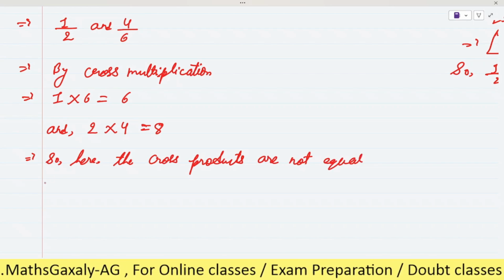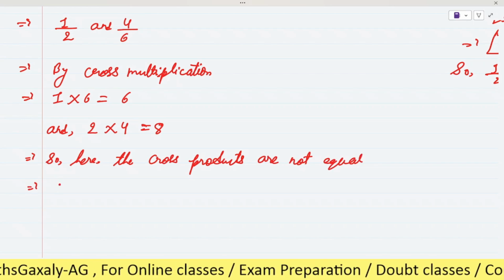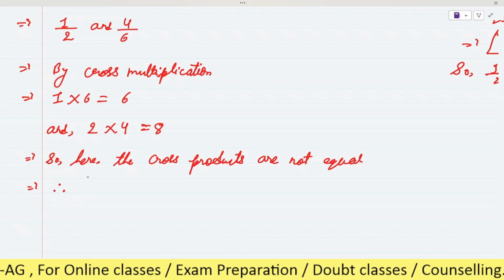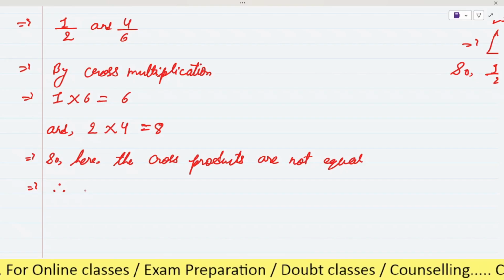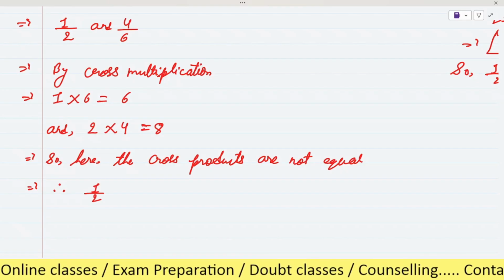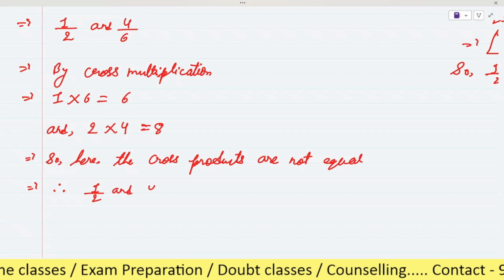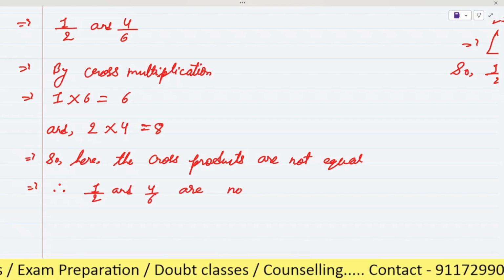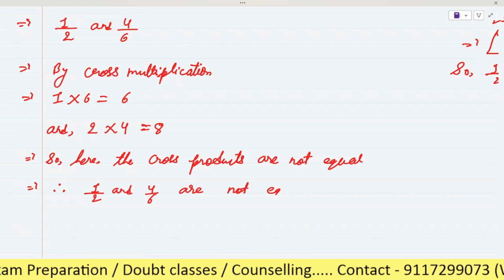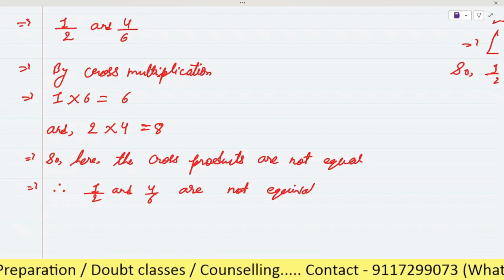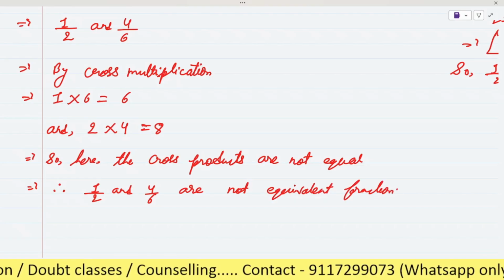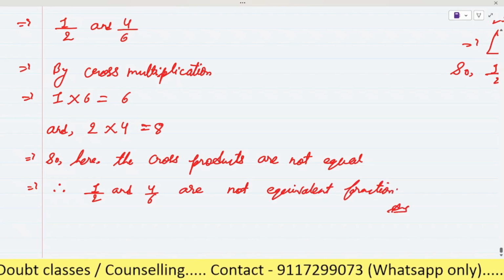Therefore, I am using the sign of therefore so that it will look standard. Therefore, 1 by 2 and 4 by 6 are not equivalent fractions. This is the answer.